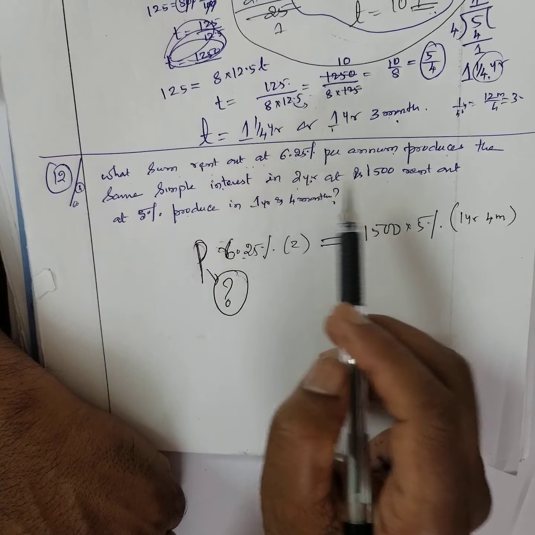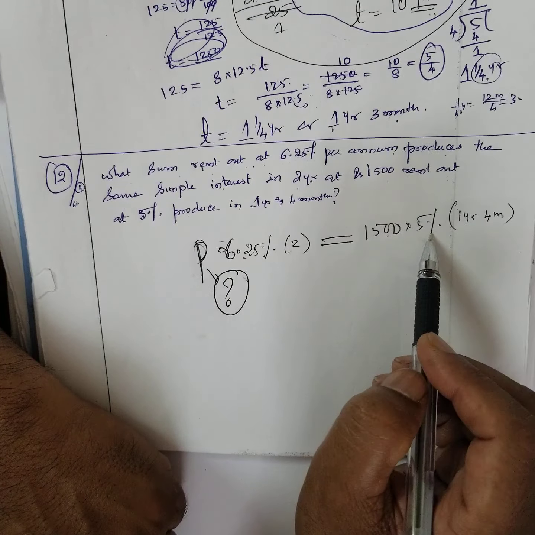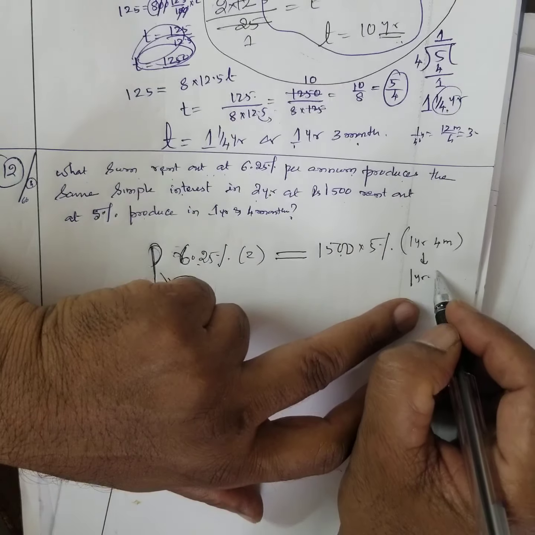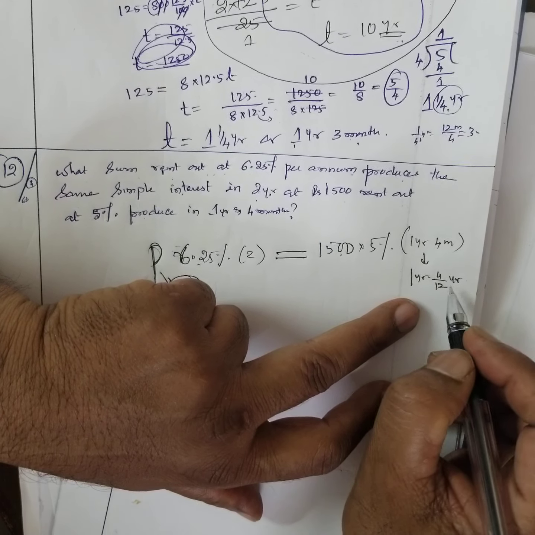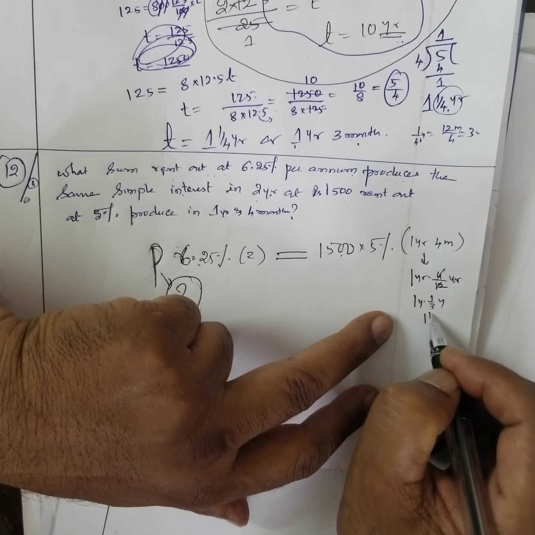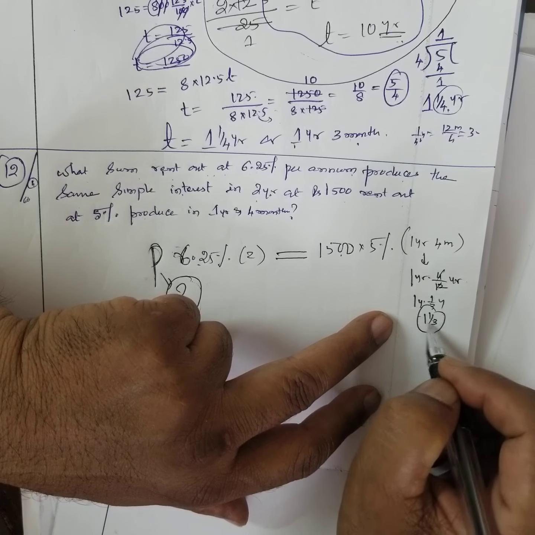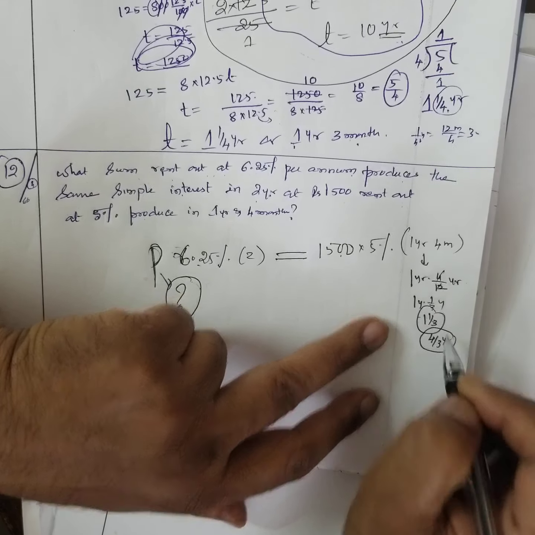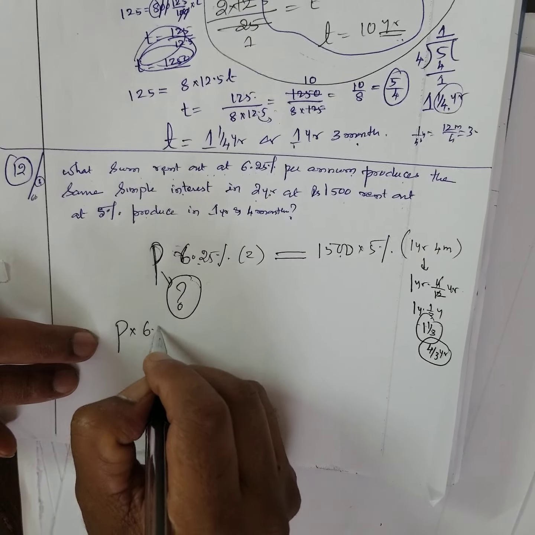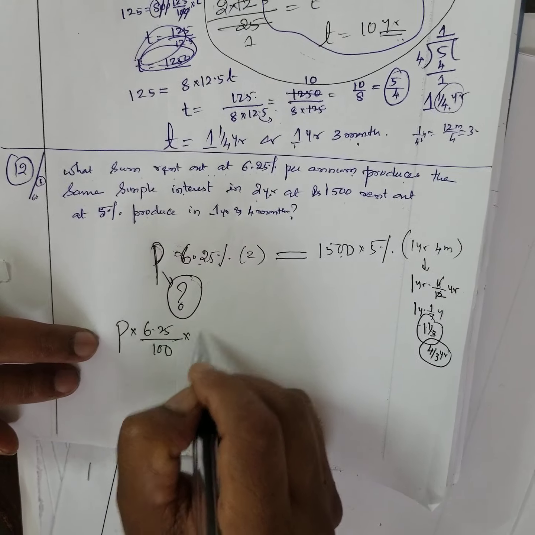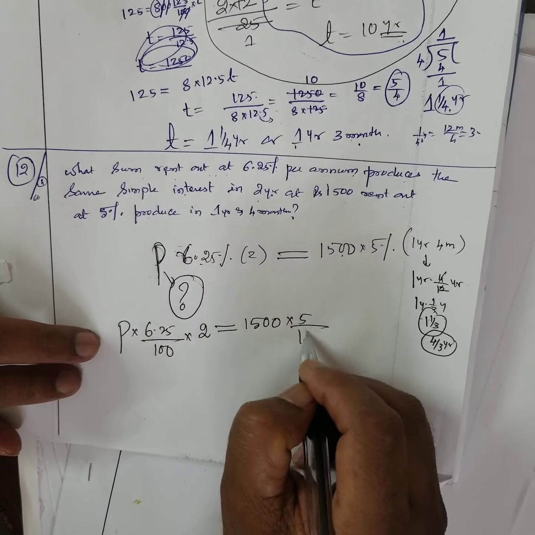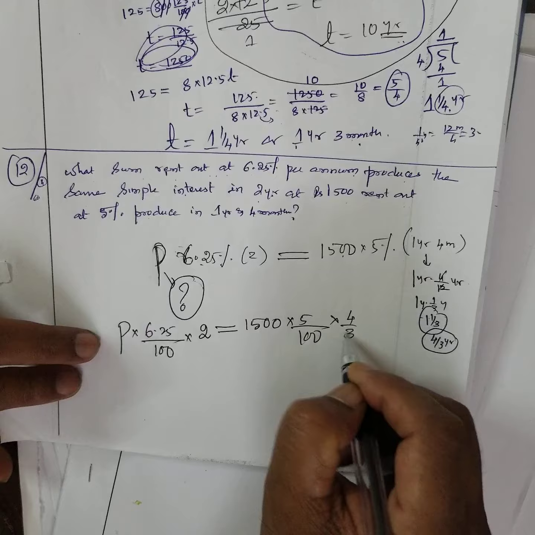The same as 1500 rented out at 5% for 1 year 4 months. 1 year 4 months means what? 1 year 4 months is 1 and 4 by 12 year, that means 1 and 1 by 3, or you can write 4 by 3 here. Therefore, P, the principal, into 6.25 by 100 into 2 is equal to 1500 into 5% into 4 by 3.